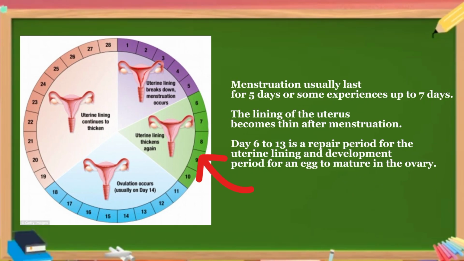Second phase. Menstruation usually lasts for 5 days, or some experience up to 7 days. The lining of the uterus becomes thin after menstruation. Day 6 to 13 is a repair period for the uterine lining and a development period for an egg to mature in the ovary.